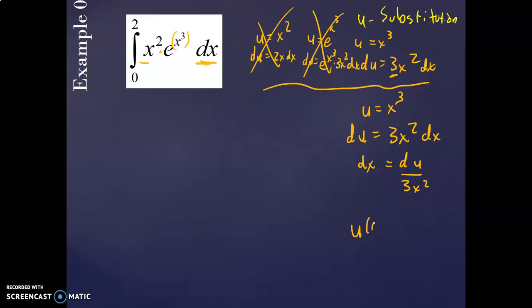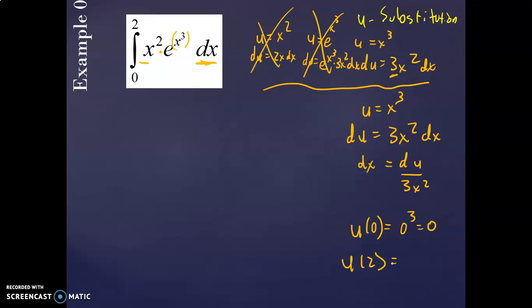You also need to figure out what u of 0 is and what u of 2 is. This is the part that's different from when you do u sub with an indefinite integral. With an indefinite integral, you have to go back to your original equation. With a definite integral, as long as you convert the limits into u, you never have to go back. I'll show you what I mean by that.